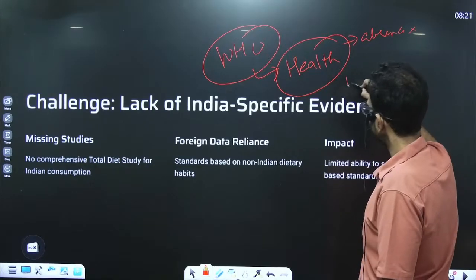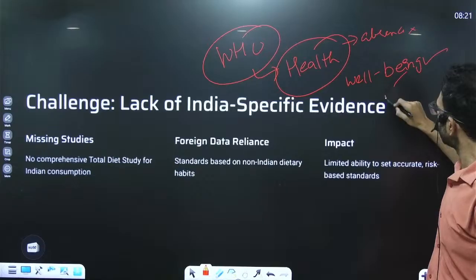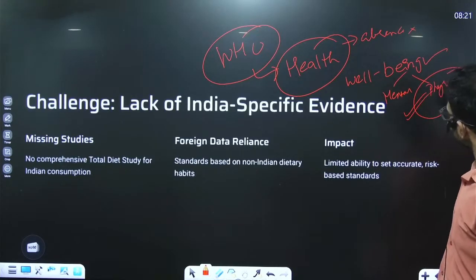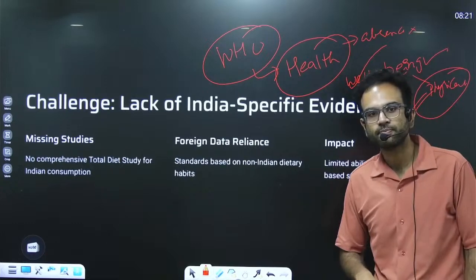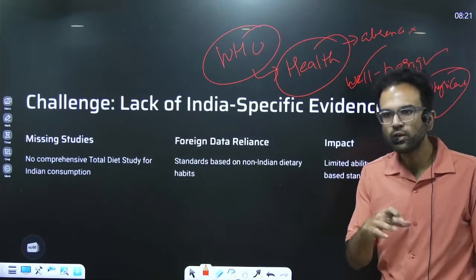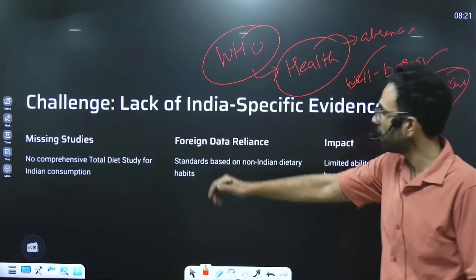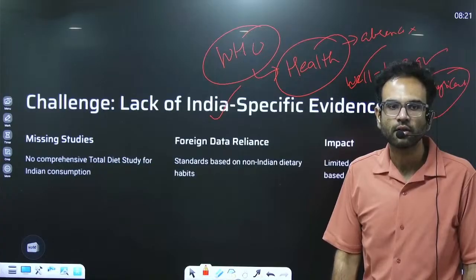It is a state of well-being, both mental and physical. So food safety is a component of this physical safety for the well-being of the population. So we need to move from a reactive measure to a proactive measure, and we require scientific evidence-based monitoring for that.